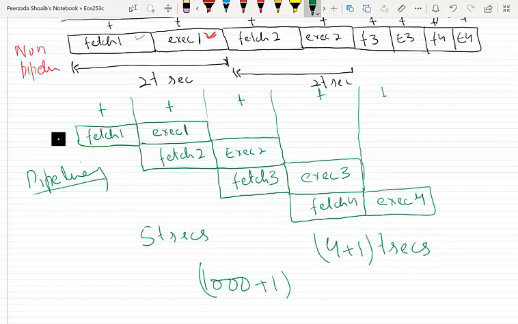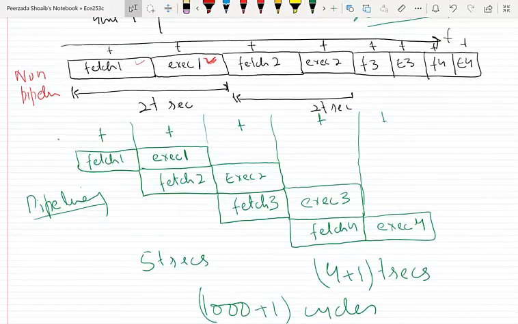We can't execute the previous instruction because it's the first instruction. 1000 plus 1 cycles to execute. That means we have almost saved half the time period. This is pipelining. But there's one small limitation that happens in pipelining. What is that?